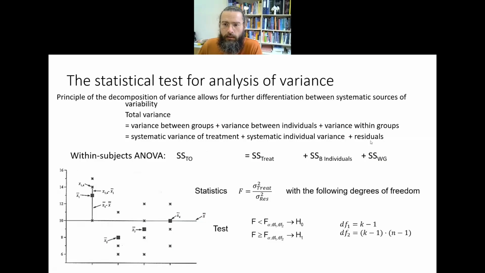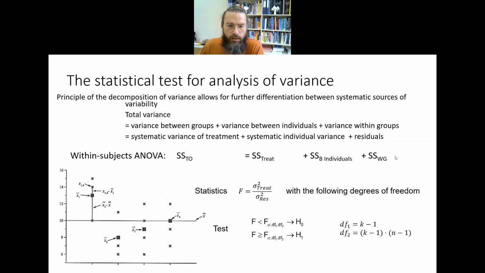And also because you are increasing the sensitivity of your comparison by distinguishing between the variability between individuals and the variability which is just random noise and not systematic in any way.